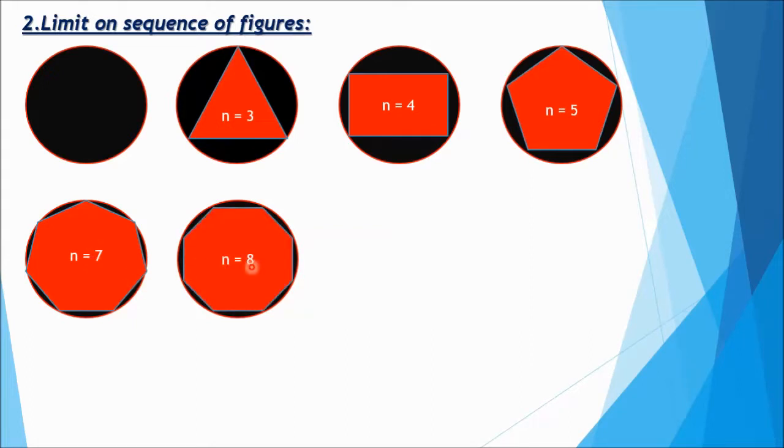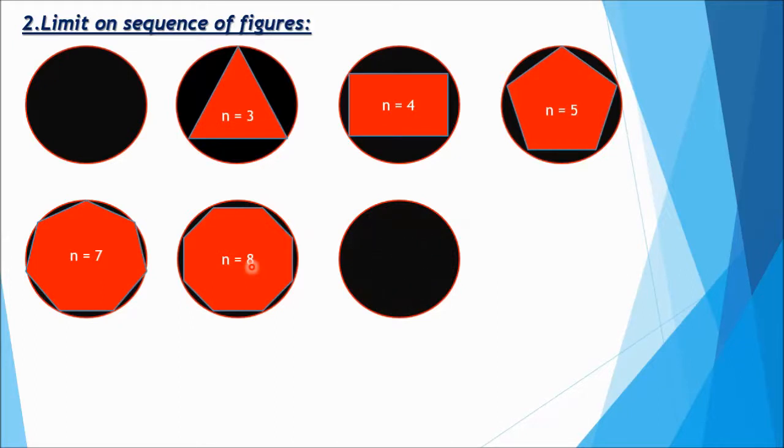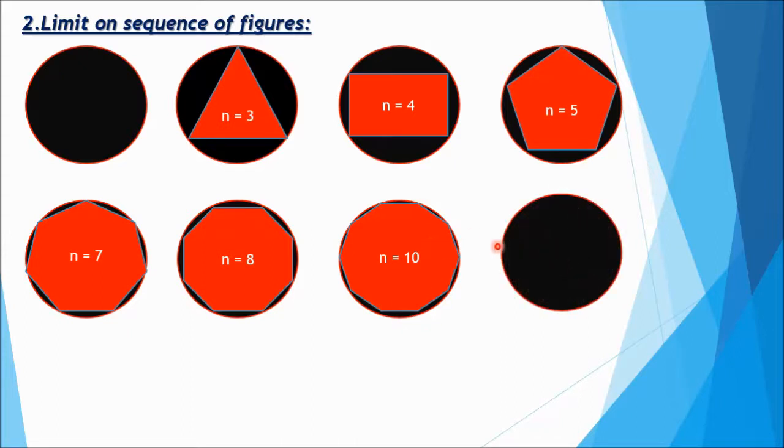Let's see what happens in the decagon. Now see, only a small portion of the black part is shown when n is equal to 10. Let's take n equal to 12, dodecagon.